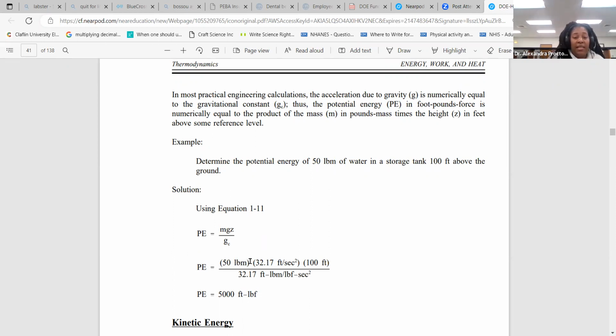Then they show you how they plugged in to solve. They told you in this problem that the mass was 50 pounds. You see that here. This next value for gravity is a constant, 32.17 feet per second squared, a constant that we gave earlier. And the Z, or the height in this case, is 100 feet, and they divide all of that by 32.17 foot-pound mass per pound force second squared.